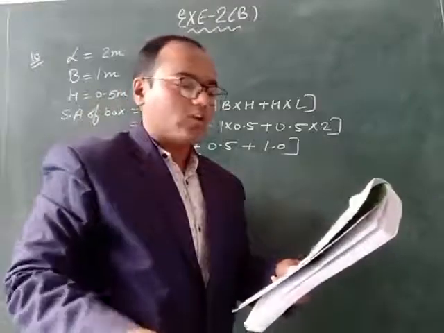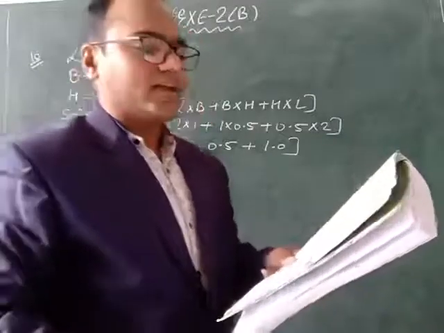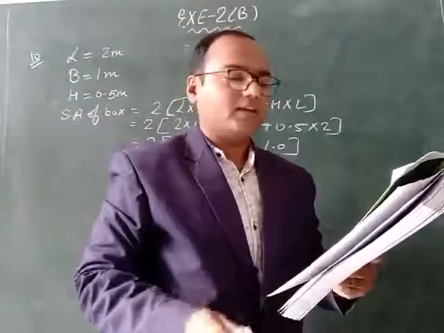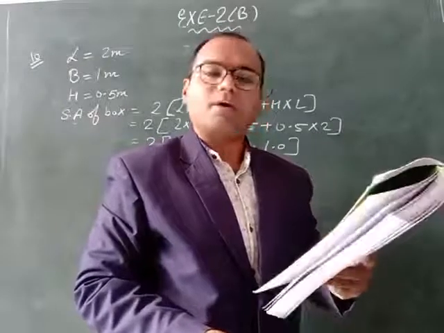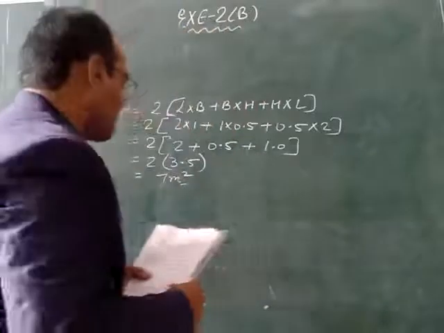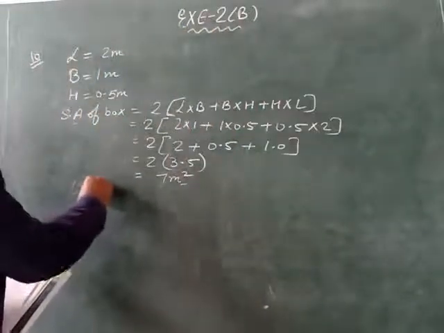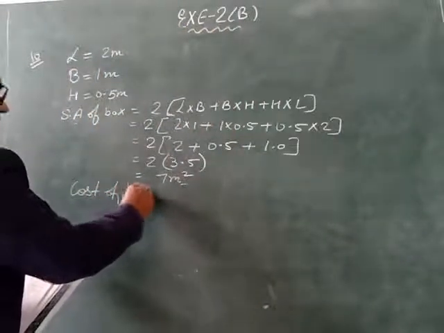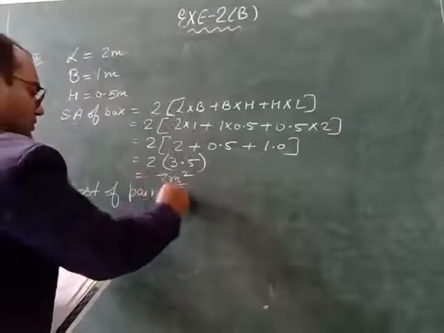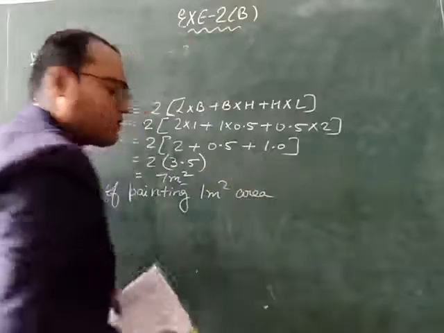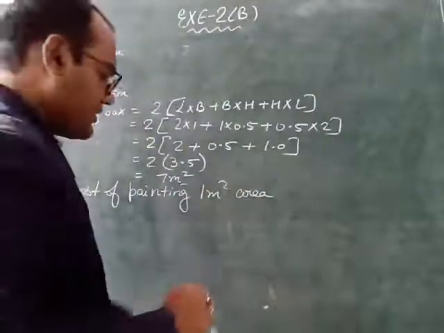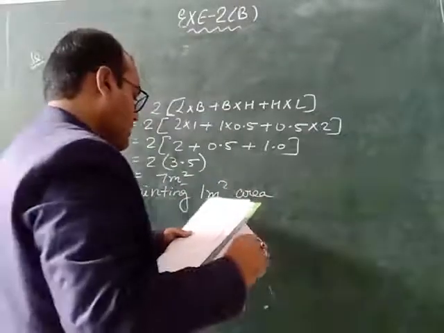Now we have to find the cost, and the rate of painting is given here at the rate of rupees 200 per meter square. So cost of painting 1 meter square area: if we paint 1 meter square area, then the cost will be 200 rupees.